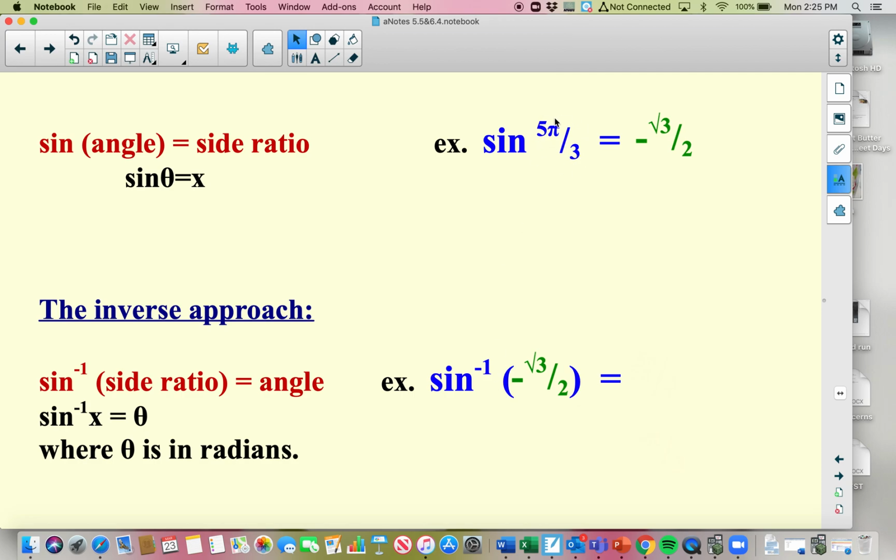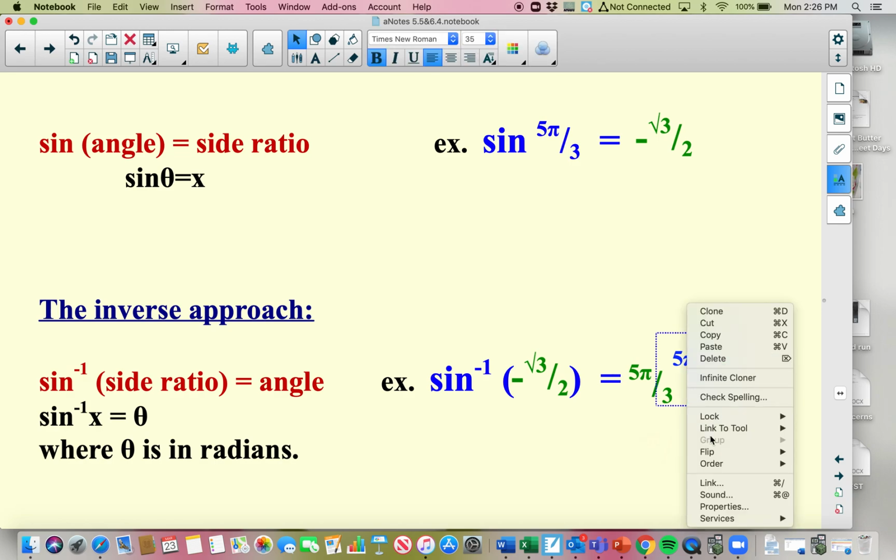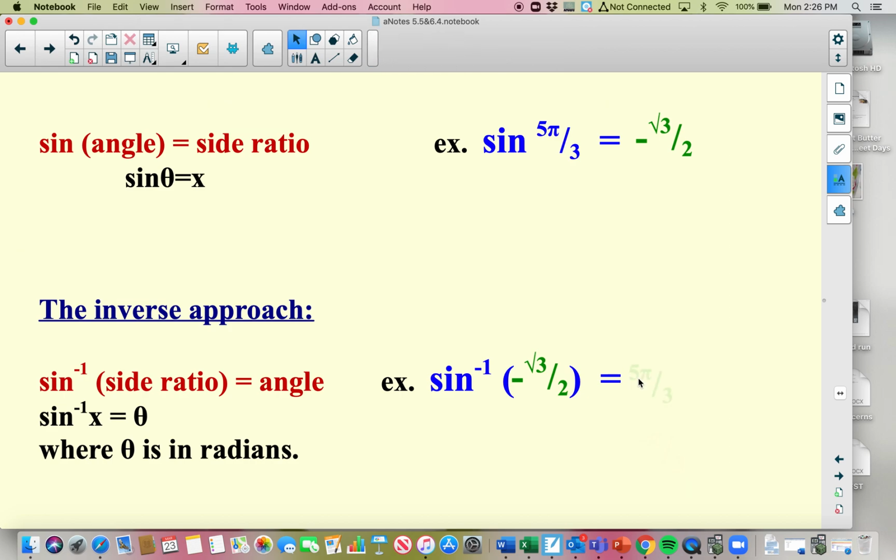So rather than being 5π/3, I would state that as... oops, sorry, that is wrong. Rather than being 5π/3, that would be -π/3. So this is wrong, sorry. It's -π/3 for that answer. I apologize for that.